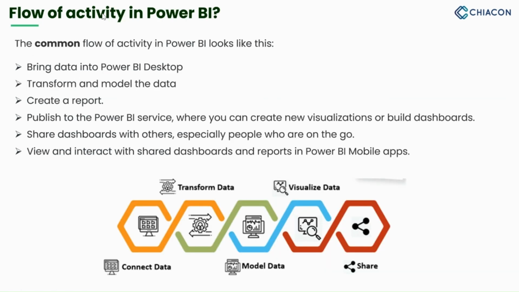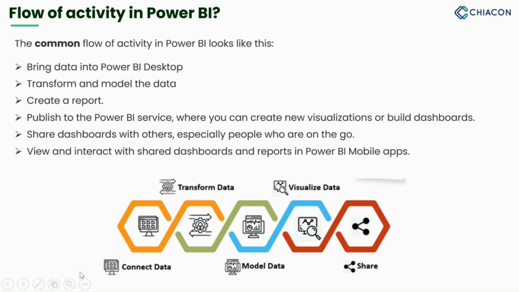Moving forward, the flow activity of Power BI. So, what are the steps involved in developing Power BI reports or dashboards? This slide contains those steps. So, first one is connecting data with Power BI. So, we are talking about visualizations and data connectivity, then we must have data in our Power BI report. So, to bring data in our Power BI report, the data must be connected.